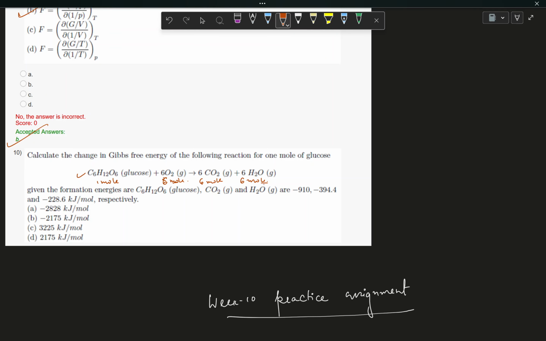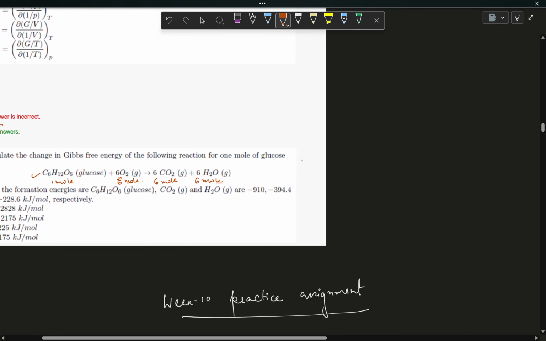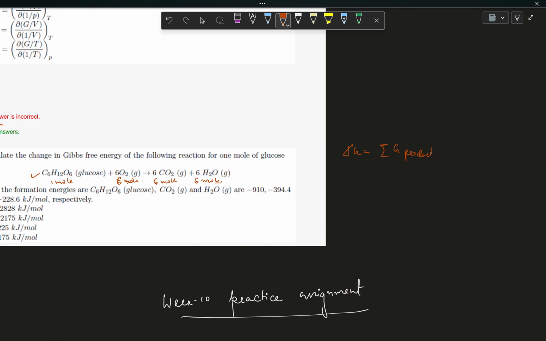So you know how to calculate this Gibbs free energy for a reaction. It is basically the change in Gibbs free energy, the total Gibbs free energy from the products of the reaction, the final products, minus the total Gibbs free energy from the reactants in the equation. The reactants are the elements which react initially to get to the product. So final minus initial, final product minus initial reactant.